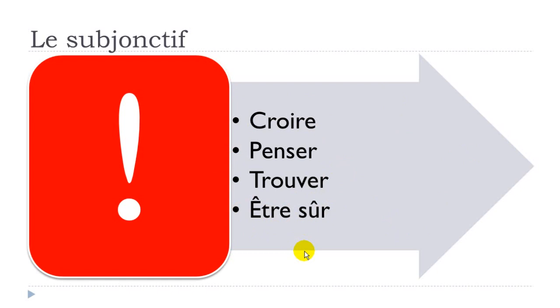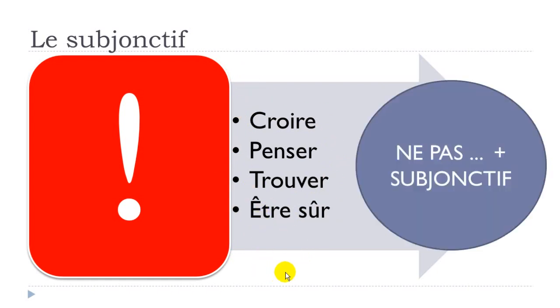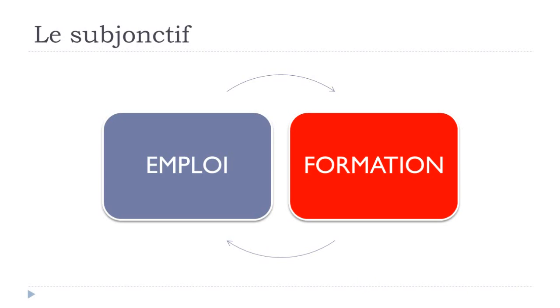But when you put these verbs in the negative form, they should be followed by the subjunctive. So keep that in mind. Croire, penser, trouver, être sûr: if you put them in the negative form, they should be followed by the subjunctive.